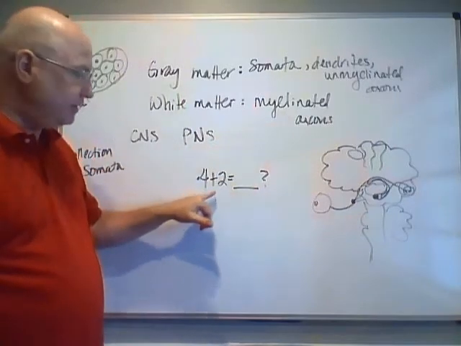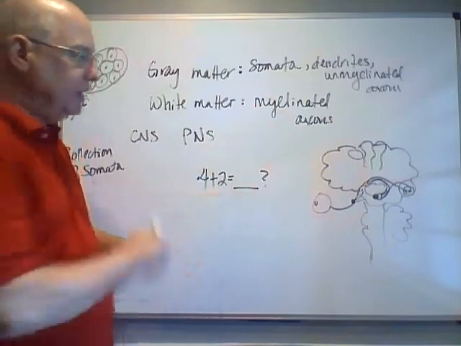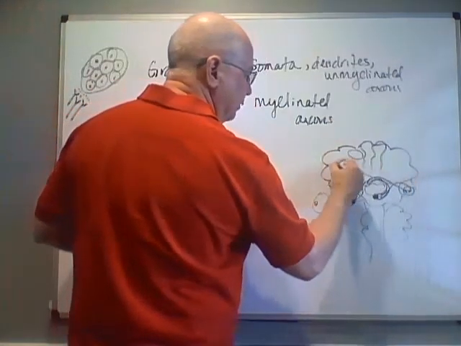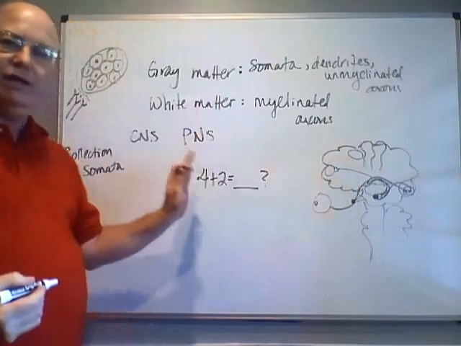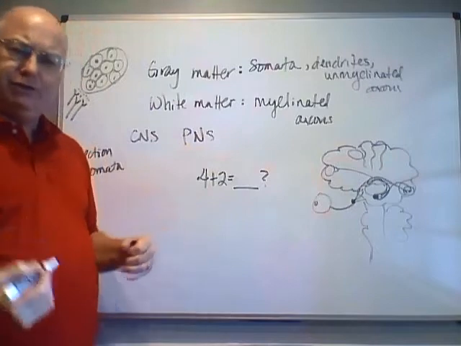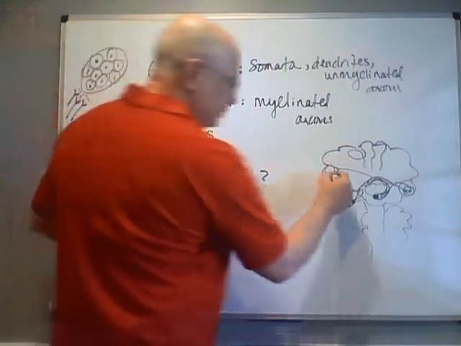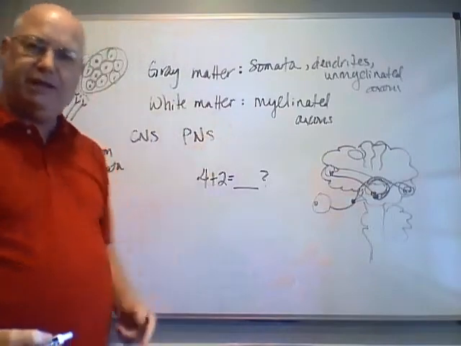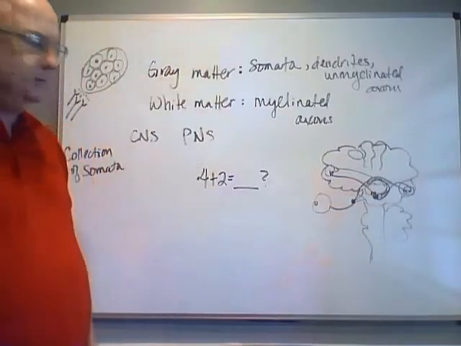That's the number 4. That's a plus. That's 2. Okay, and then some of the neurons are also going to have to fire way up here in the frontal cortex where we say, okay, what is the answer to this? What is 4 plus 2? And some of those neurons may have to fire back on the hippocampus so that you can remember the answer. 4 plus 2 equals this.